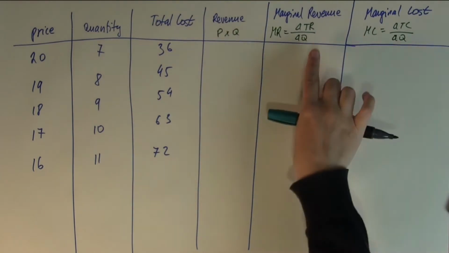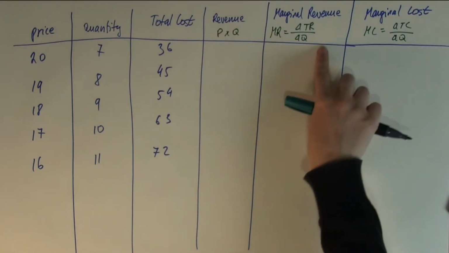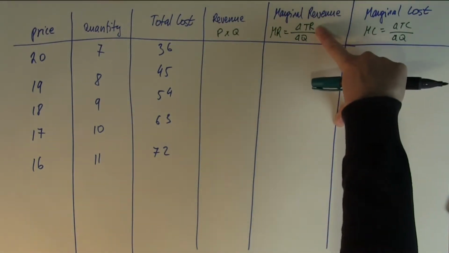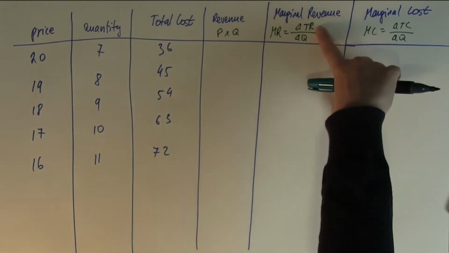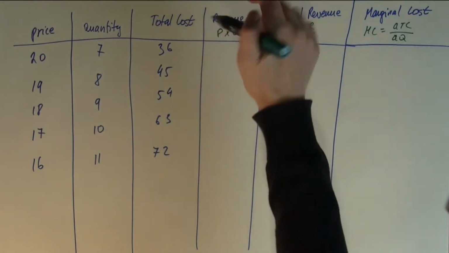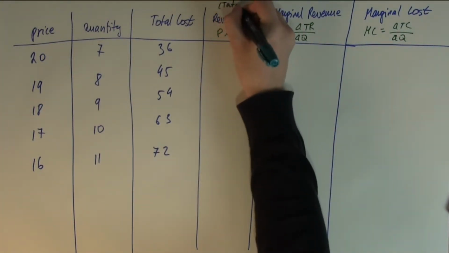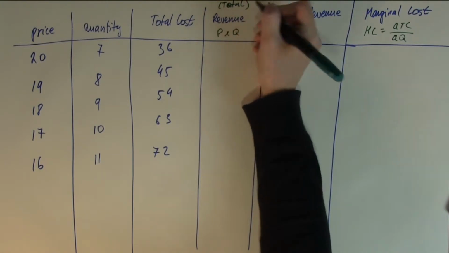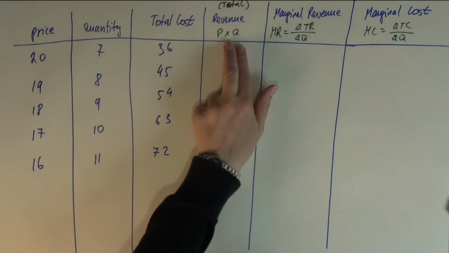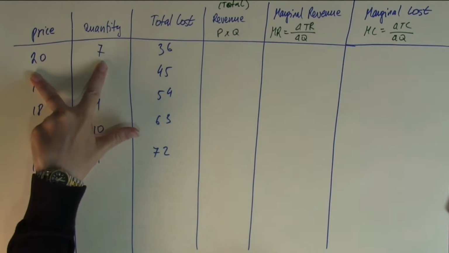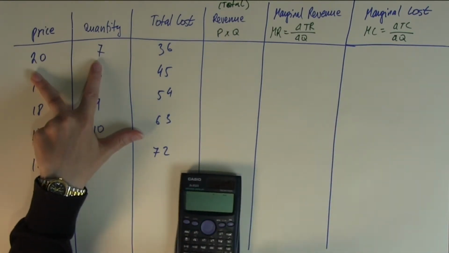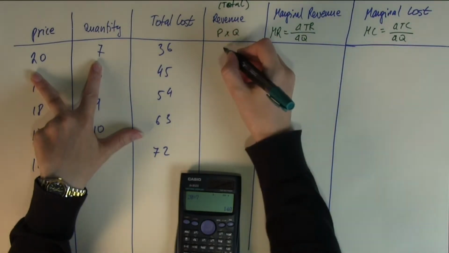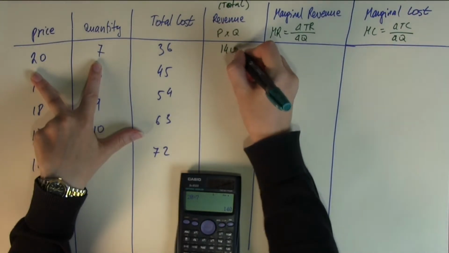Now, when we need to calculate the marginal revenue, we will need to know the change in total revenue. For that we need to know the revenue first. So the total revenue is always price times quantity. We've got the price and the quantity, so now we just need to calculate price times quantity. 20 times 7, so the total revenue here would be 140.